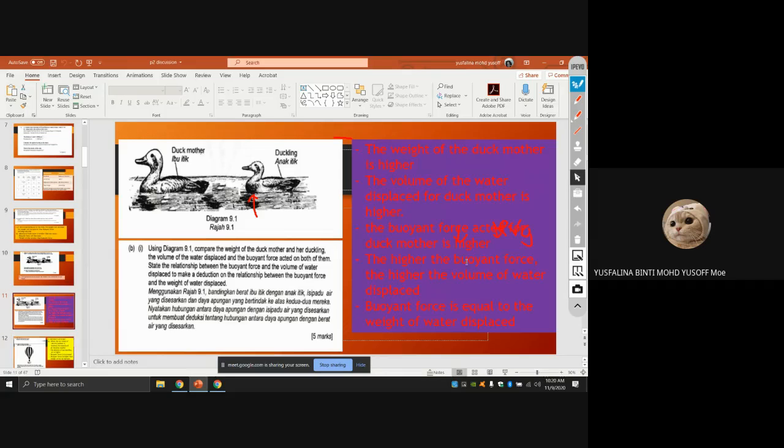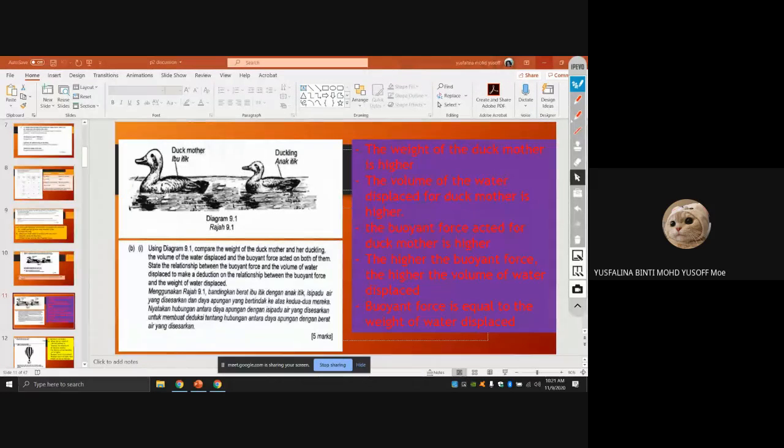For this one you have to compare. Using diagram 9.1, compare the weight of the duck mother and her duckling. The weight of the duck mother is higher. The volume of water displaced for the duck mother is also higher.